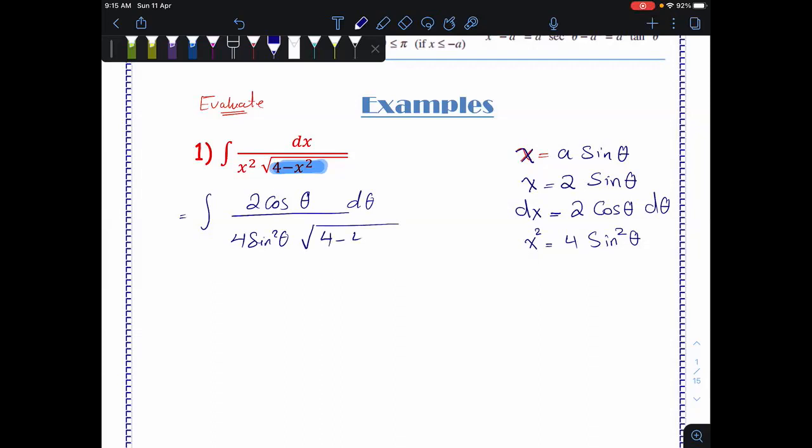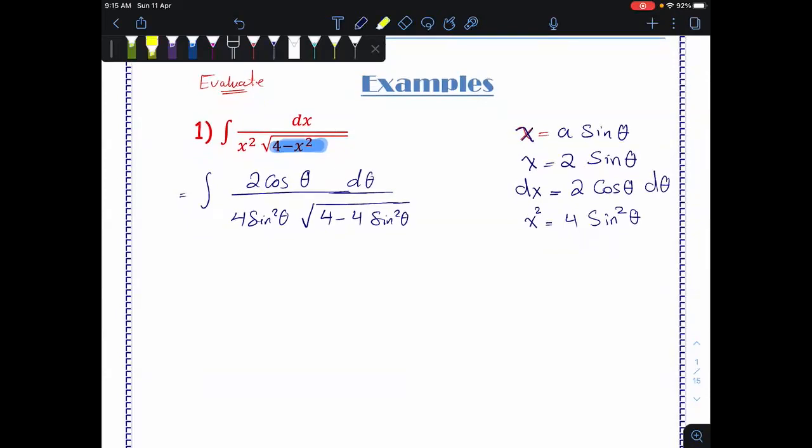4 minus 4 sine squared theta. You know the story here, guys: inside the square root we always take 4 as a common factor, which comes out of the square root as 2.